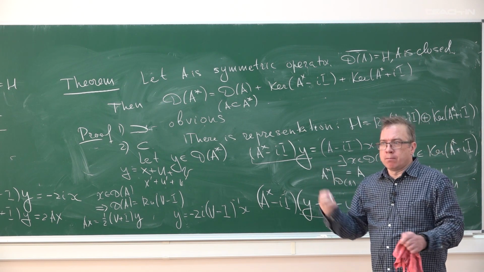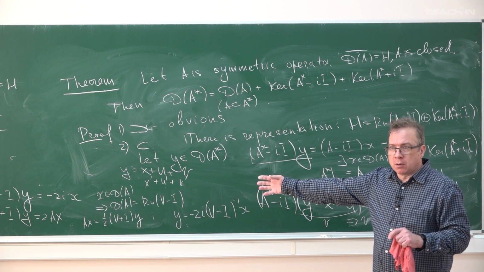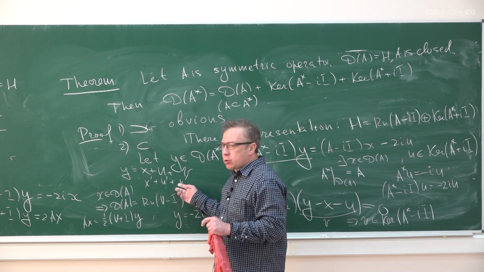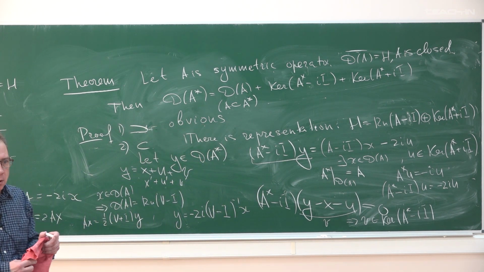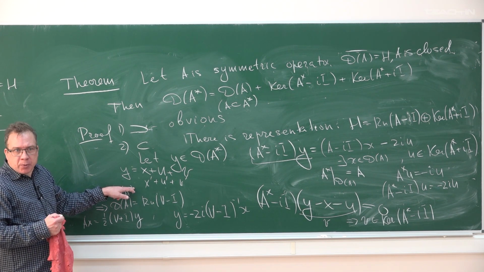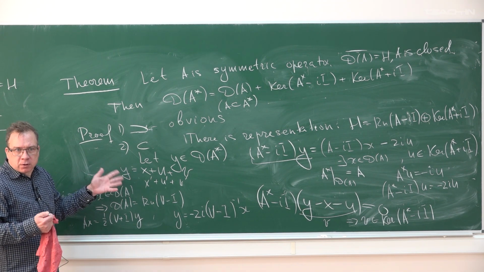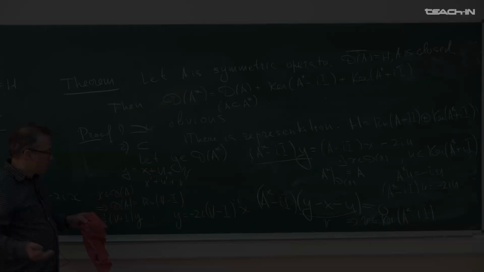Just standard arguments for direct sums: a direct sum has a unique representation for any vector. If we have two different ones, then by subtraction we obtain that 0 has some, maybe non-zero, representation.